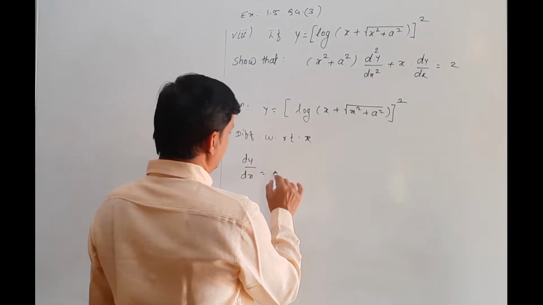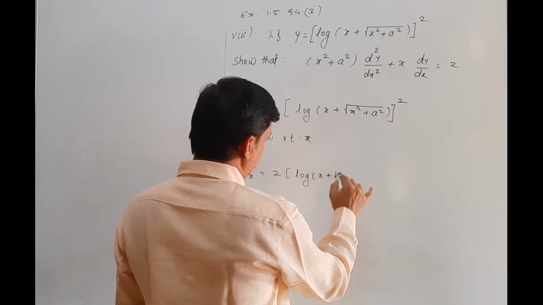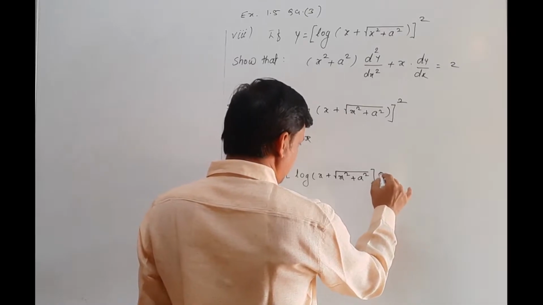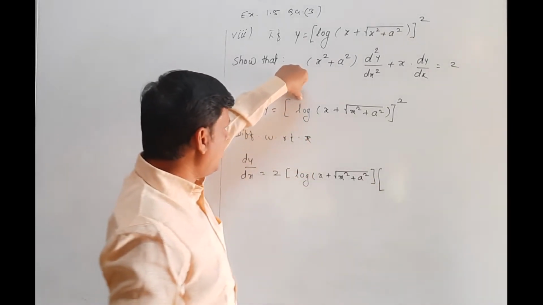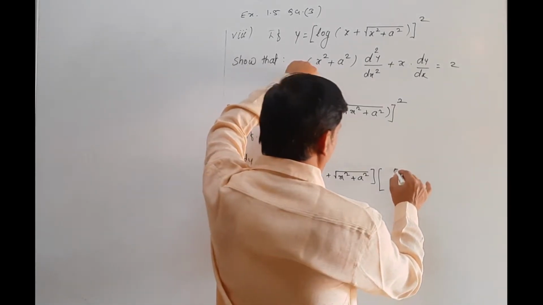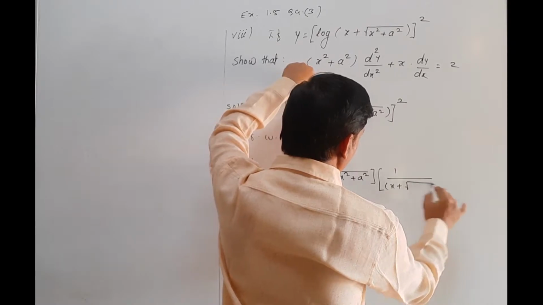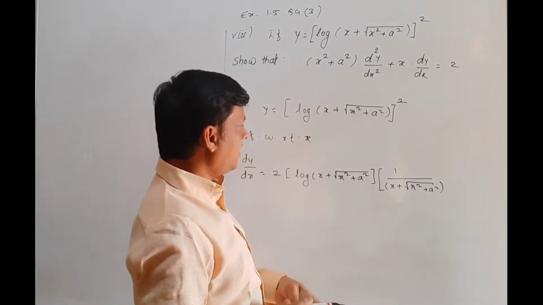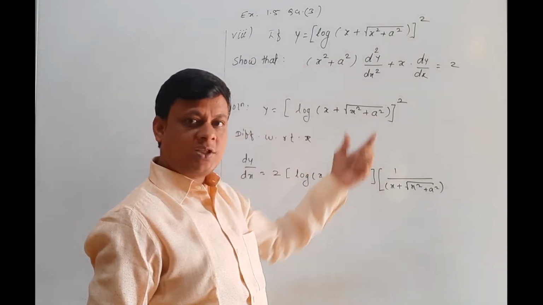So write here 2 into log(x + √(x² + a²)) into the derivative of this bracket, that is, the derivative of the outer function log. So we write 1 upon x + √(x² + a²). Then we have to find the derivative of this innermost function, that is, the derivative of this bracket.